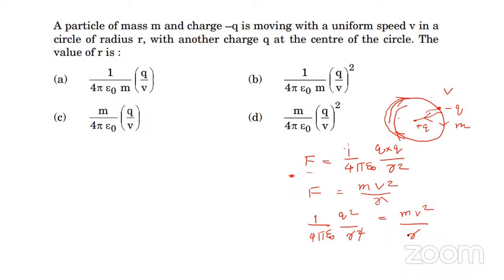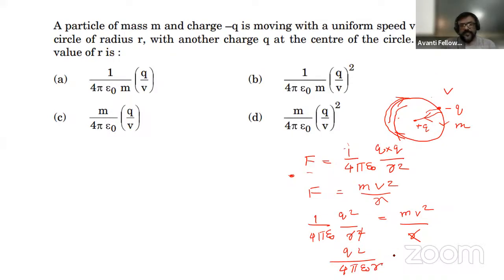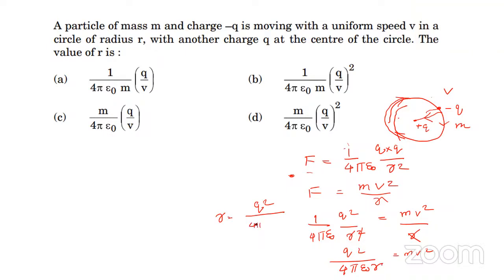Again, these two will cancel. So we have q square in the numerator, 4 pi epsilon 0 into r in the denominator, and a v square. So from which we can find the value of r.